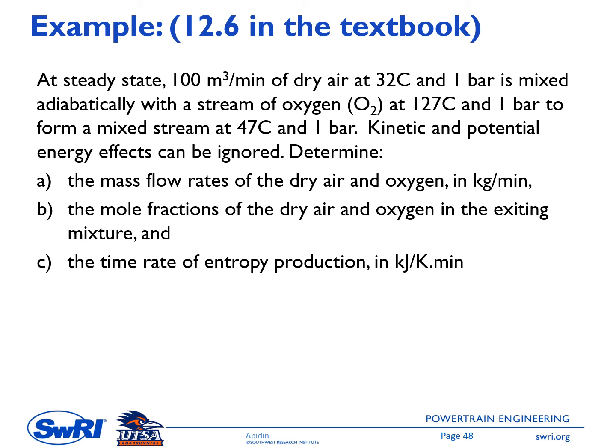Kinetic and potential energy effects can be ignored. Determine first the mass flow rate of the dry air and oxygen in kilograms per minute, then the mole fraction of the dry air and oxygen in the exiting mixture, and the last question is the time rate of entropy production in kilojoules per Kelvin minute.